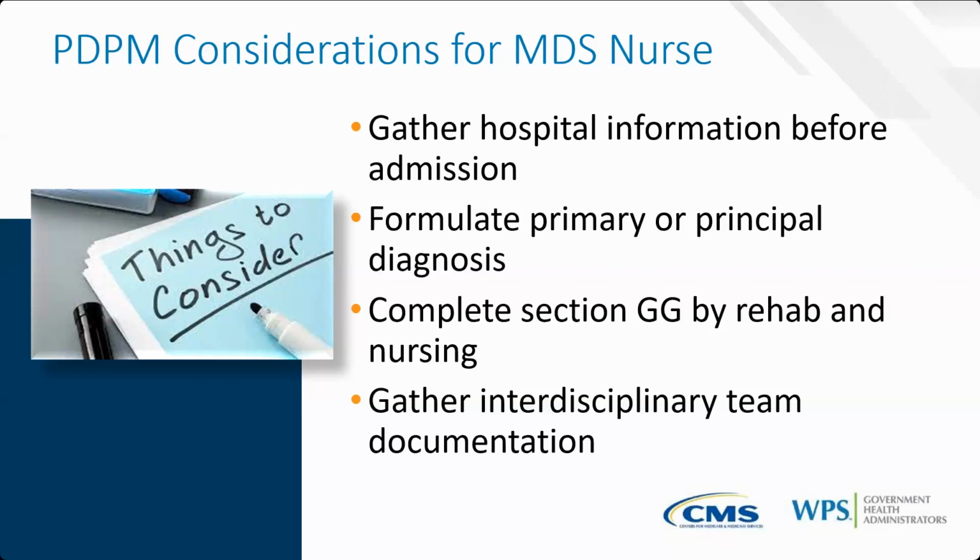Section GG, the Rehab and Nursing Functional Scores, should be completed on the MDS form for indicated ADL tasks on days 1 to 3 of admission, with the admission date being day 1.